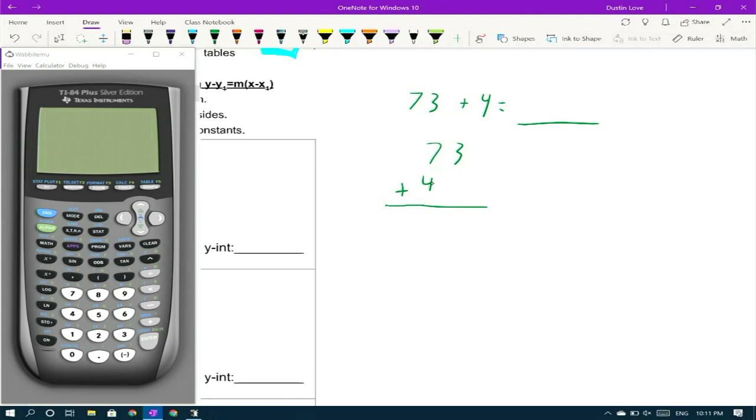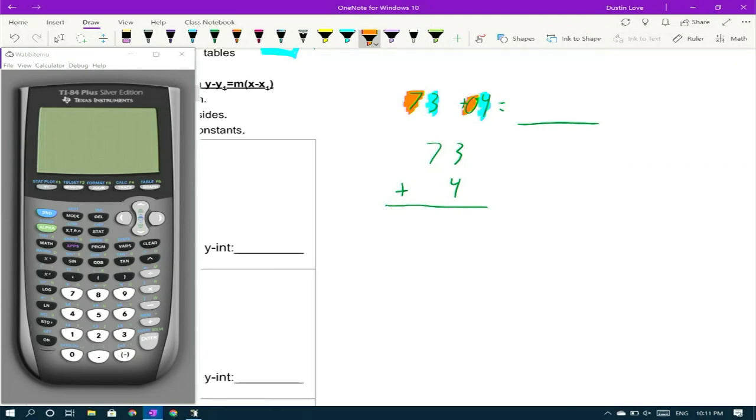You've got to make sure that you line up your 3 underneath the 4. And why do you do that? Well, because we know that the 3 is in the ones place and the 7 is in the tens place, and the 4 is in the ones place, and technically speaking, there is this 0 over here in the tens place that we don't even write.